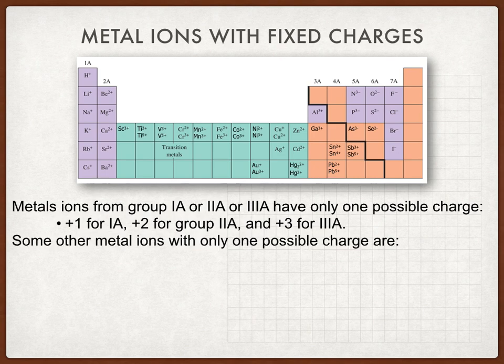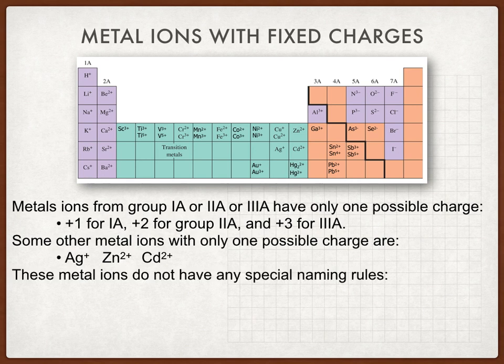Some other metals with only one possible charge are silver +1, zinc +2, and cadmium is also a +2. These metals do not have any specific naming rules.